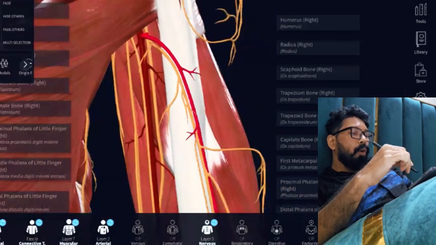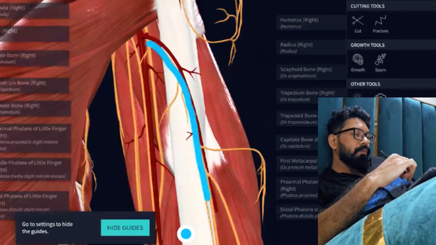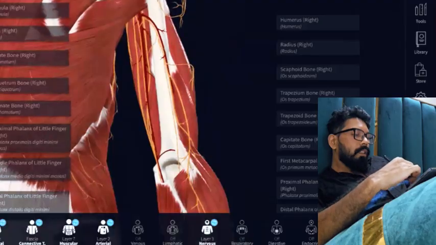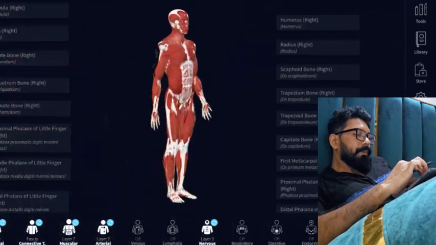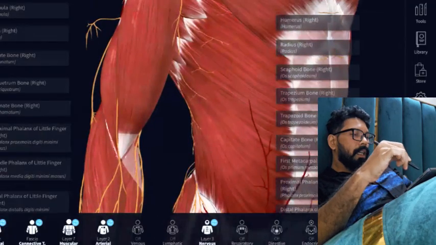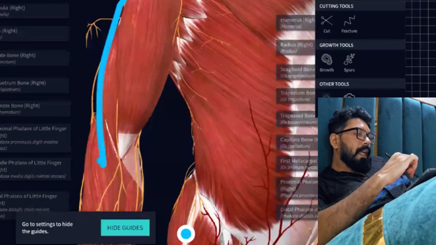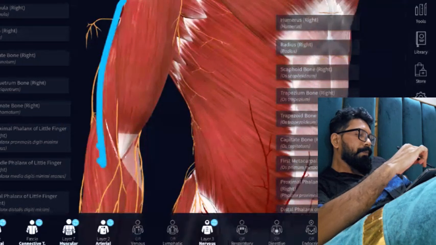It will go along with the radial nerve through the spiral groove, and the radial nerve at the lower third will come in front of the lateral epicondyle and enter the supinator.